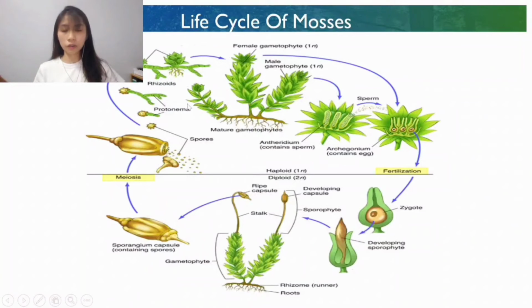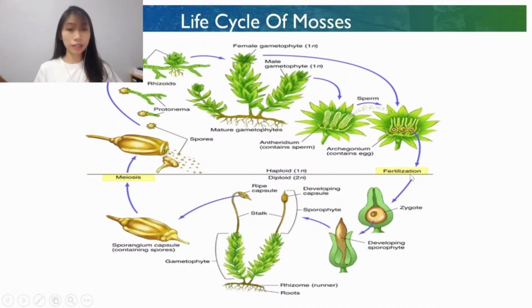So I would like to start from here, which is the protonema. Protonema is the gametophyte, as I mentioned in the slide before. It will produce the upright leafy shoots and sprout rhizoids. These leafy shoots can either bear antheridia or archegonia. Antheridia will contain sperm, and the archegonia will contain egg.